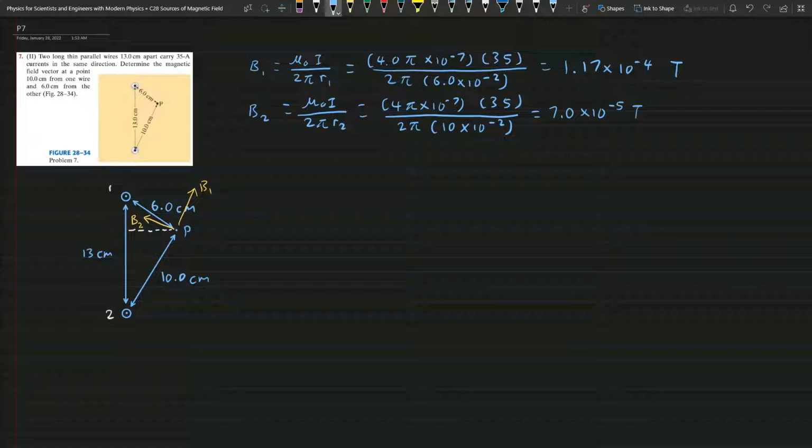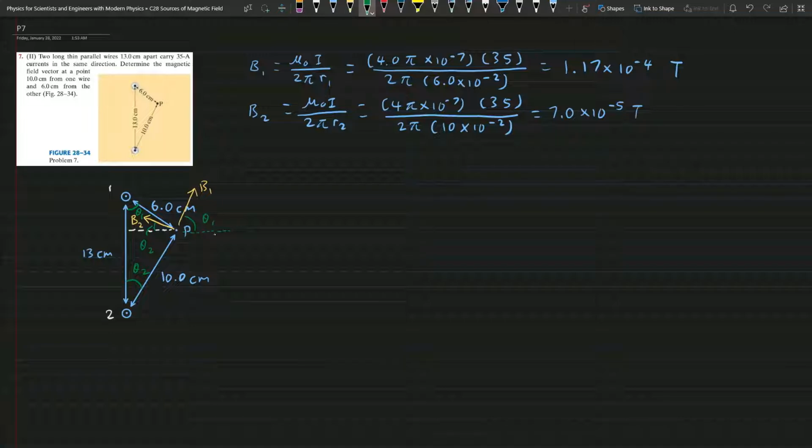So until now we have to solve for the angle. Let's say the angle here is delta 2, and the angle here is delta 1. Now we know this B2 must be perpendicular to this R2, right? So we know the angle here is also delta 2, and the delta 1 here will be the same as the angle here.